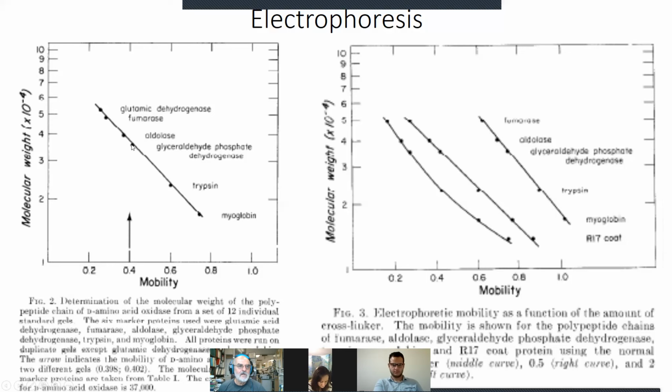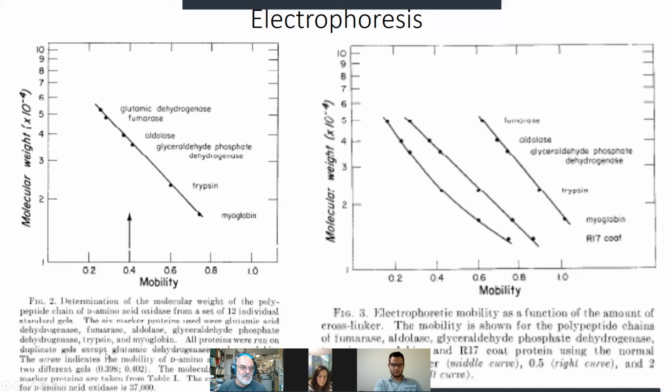If you look on the gel, the dot isn't shown. It's just showing you where the mobility is. It seems to run around 37,000, they say. And they're showing the variation in the mobility, 0.398 and 0.402, and both of these give approximately a value of 37,000. So that's one of the advantages.